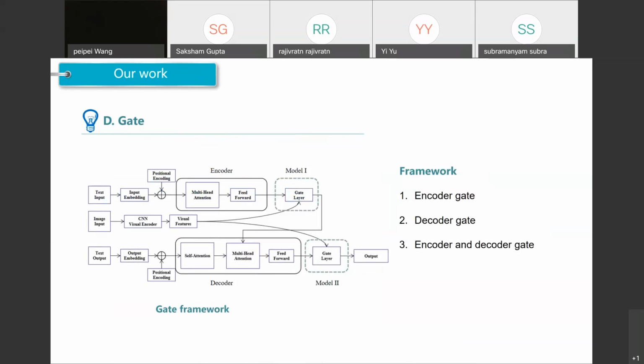This is a gate structure combined on the encoder or decoder side. The gate layer is introduced to modify the softmax prediction distribution, which can increase the probability of correct answers. In our experiments, by integrating an encoder gate only, a decoder gate only, and both encoder and decoder gates, the visual feature can play a role in the MMT model.